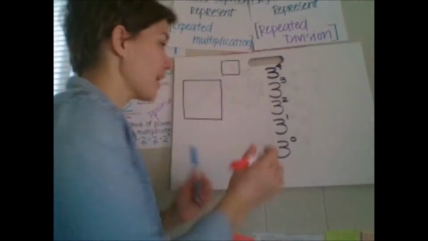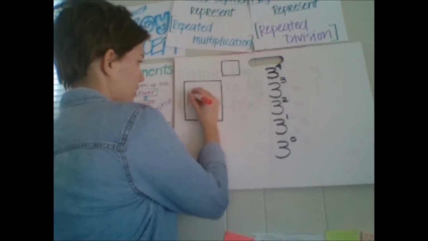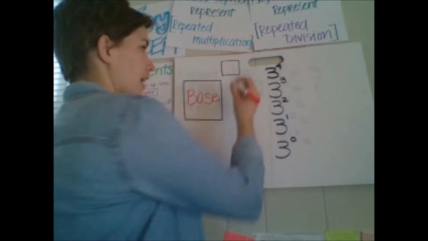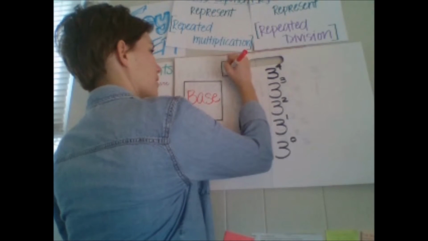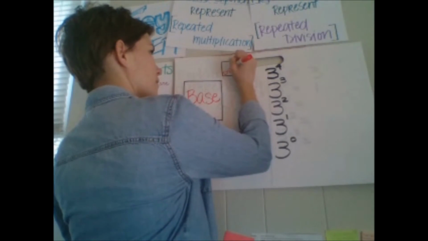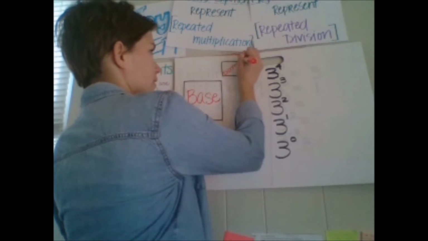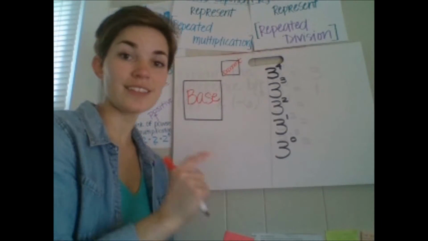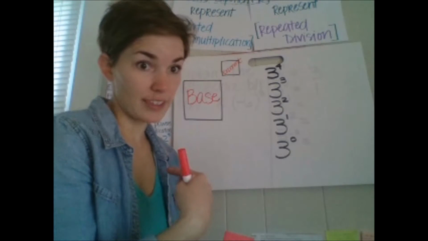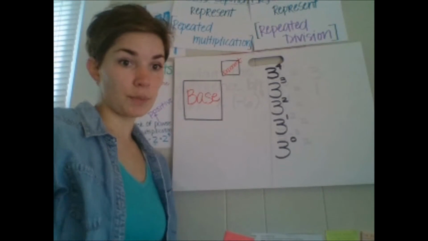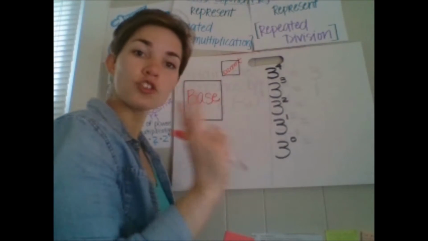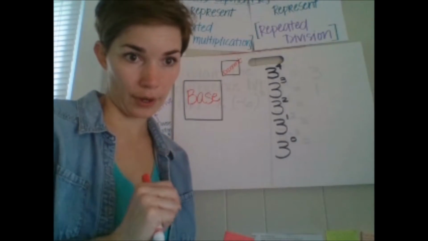It's got our base, and the exponent goes up here. Sometimes you'll hear people talk about this whole thing as an exponent. That's not correct. I might even say it sometimes. It's a very common thing that people say. But we have a base and we have an exponent, okay? It's two parts and they make up a power.